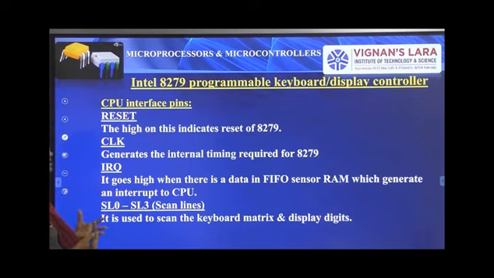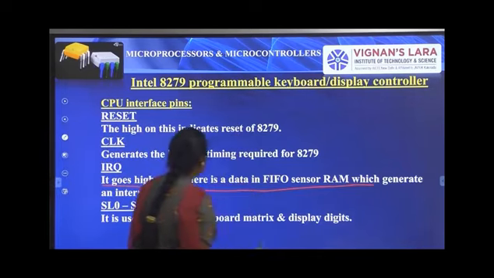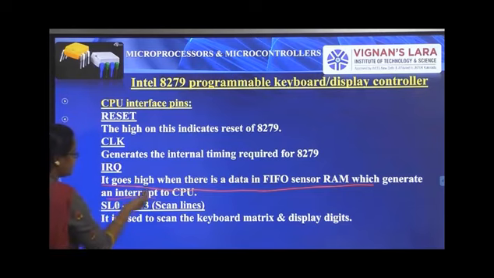That means there is data in the FIFO, and the 8279 tells the CPU that someone is asking for some operation by using the IRQ line.